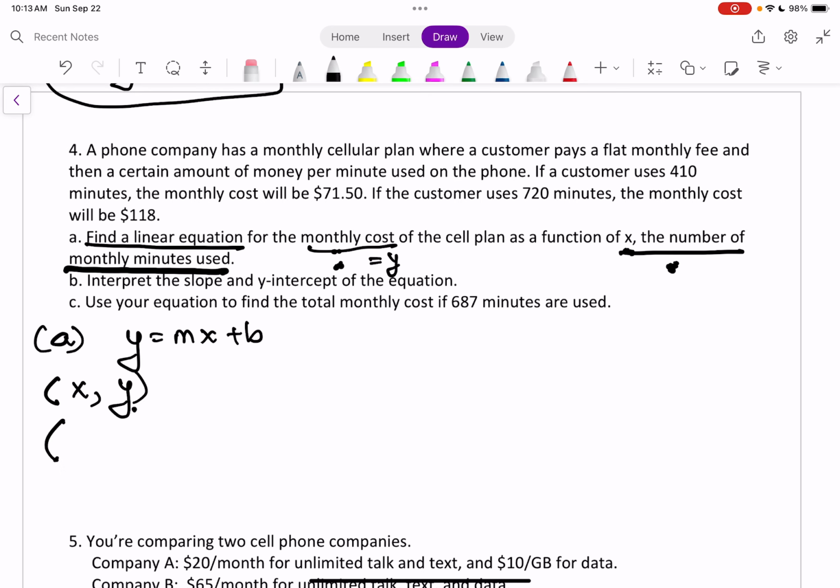So here it is. It says we're using 410 minutes, then the cost is $71.50. And if we use 720 minutes, the cost is $118. So the story simply got translated down to the fact that we are given 2 points and we need to come up with a linear equation. So first things first, of course, we're going to find the slope.